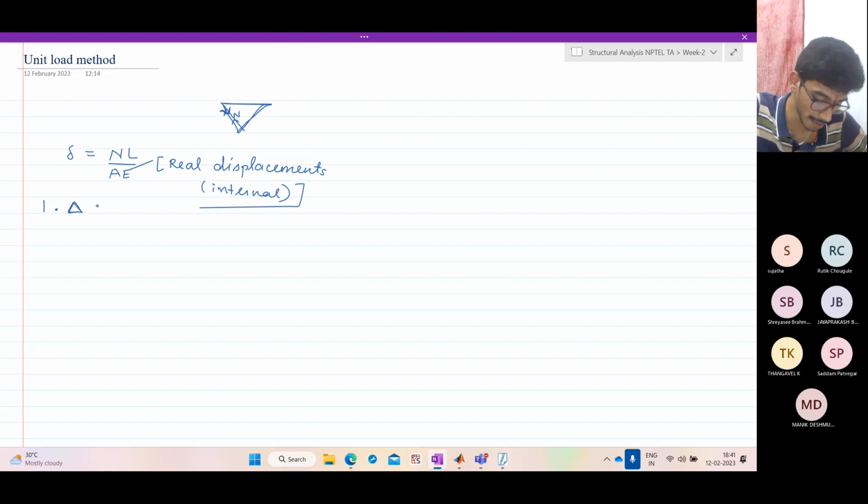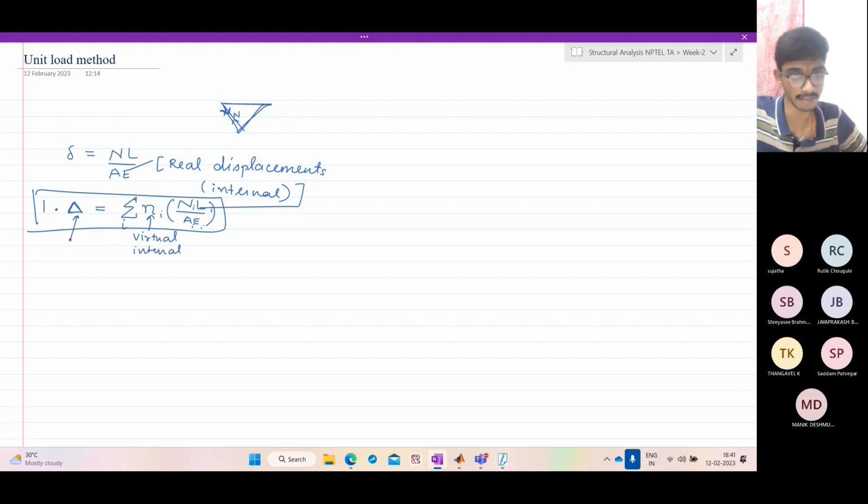In that case, it should be equal to the sum of all internal member forces generated by the virtual force, the virtual internal forces, acting on the real internal displacements NL by AE, over all members. So you can add an i subscript everywhere. This will give you the displacement quantities directly. I hope this makes sense.